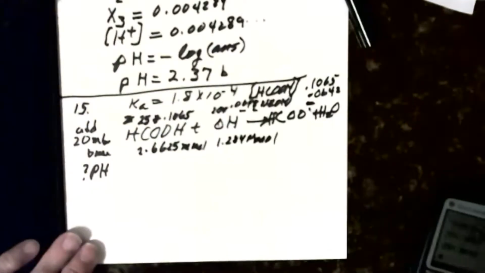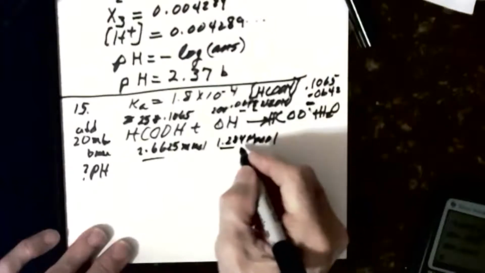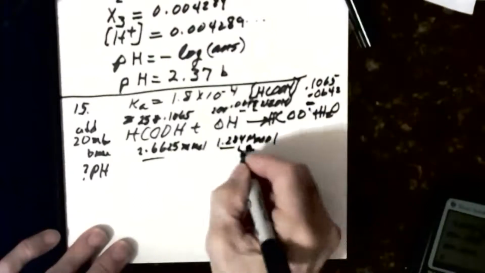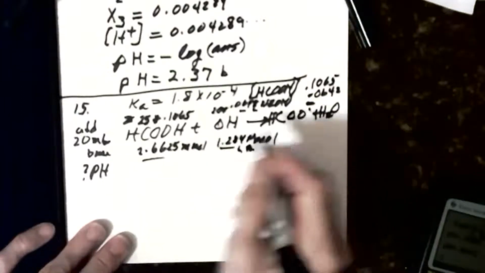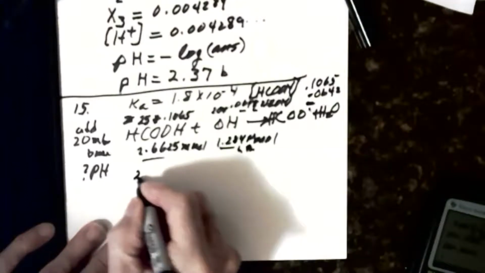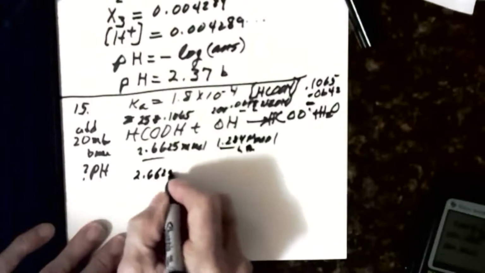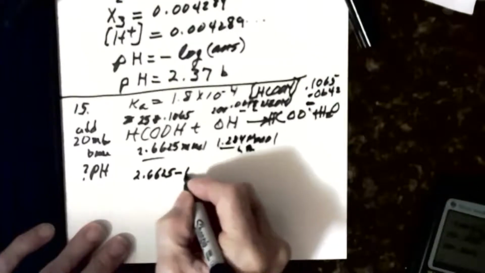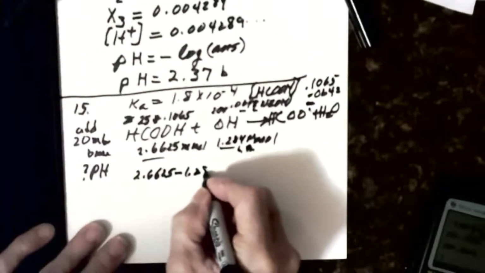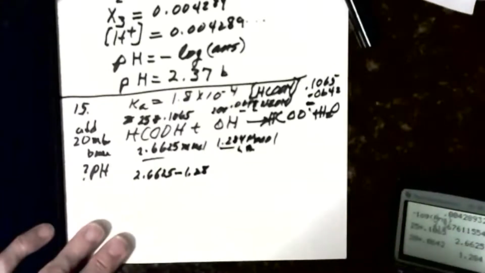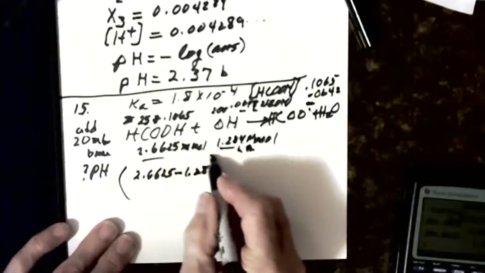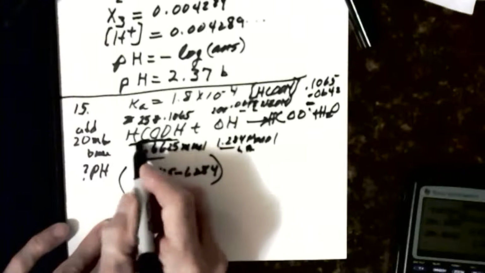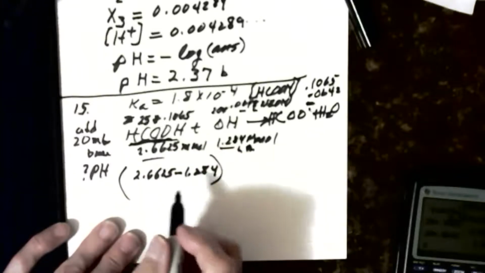Now, I'm looking at these two amounts, and this is the limiting reagent. This reaction is going to go until all of the NaOH is used up. So what's going to be left? Well, I'll have 2.6625 minus 1.284 millimoles of the acid left over when the reaction is done.